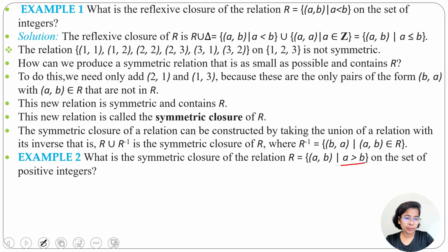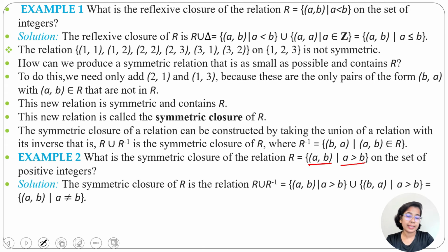So what we will do, (a,b) is given, we will also add (b,a). The symmetric closure of R is the relation R union R inverse, and R given is a greater than b, so (a,b) union (b,a). R inverse will be (b,a), a greater than b. Here a is not equal to b. We simply add (b,a) ordered pair along with a greater than b, then this will be symmetric.